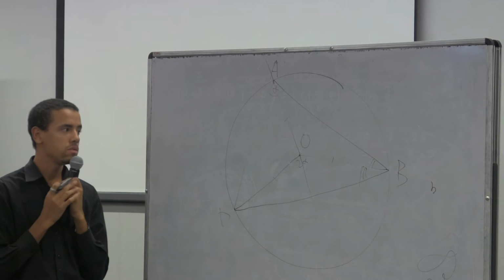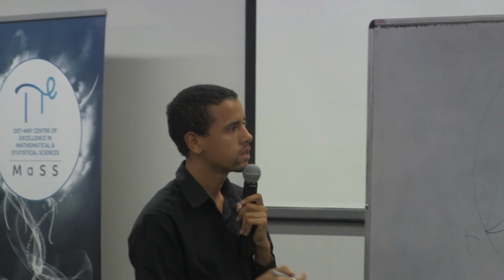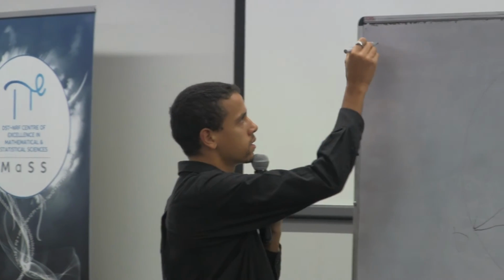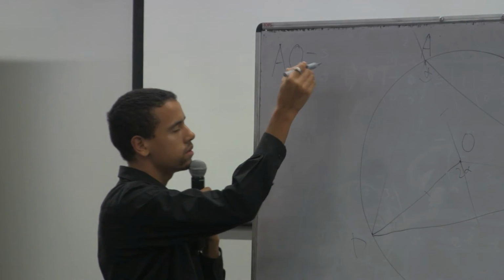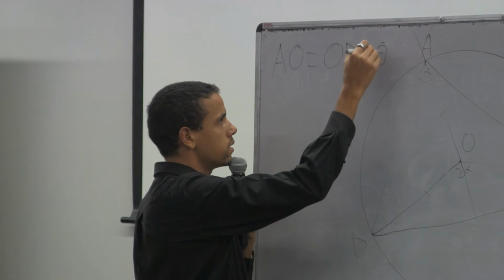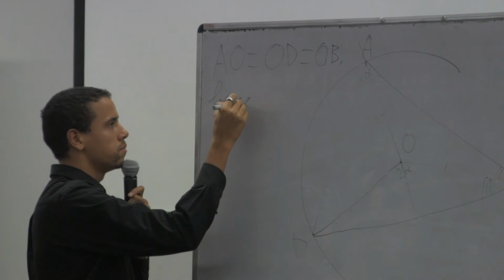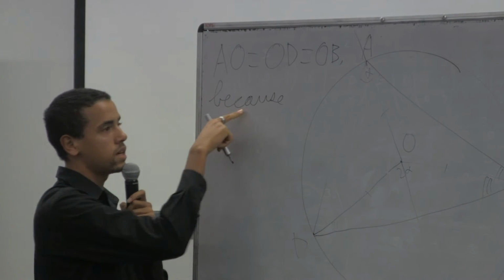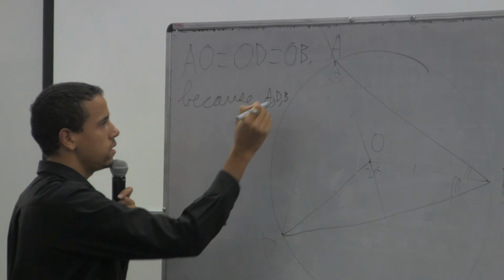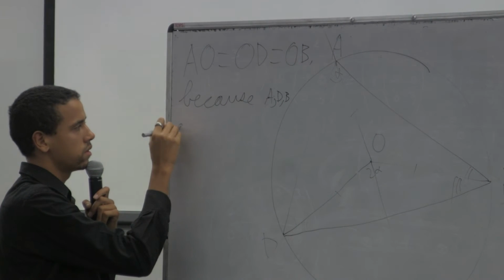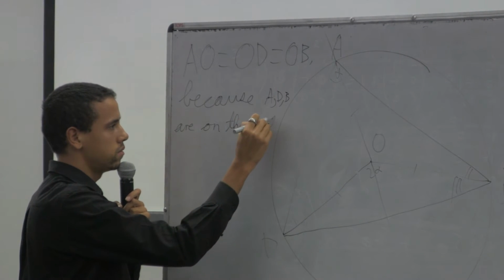So you would do something like: AO equals OD equals OB, because A, D, and B are on the circle.